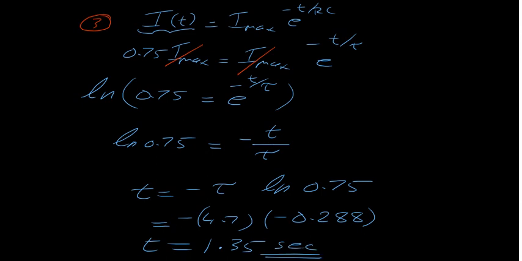That's the time required to reduce the current through this circuit by 25%, or we can say that's the time needed to keep only 75% of the total current in this circuit.